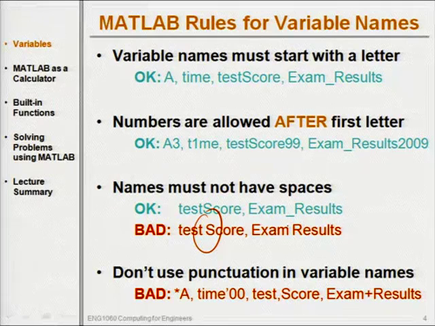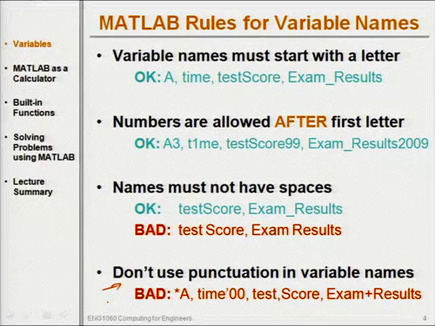If you do want to put a space, what I suggest you do is use an underscore. It looks like a space, but it's actually not a space. You can't use any punctuation in variable names, so no dots, no exclamation marks, nothing like that. These are a few rules for naming variables. If you don't follow those rules, MATLAB will not like you.